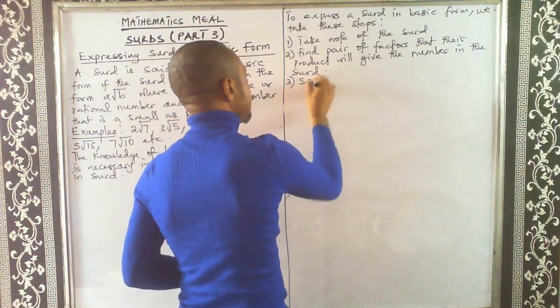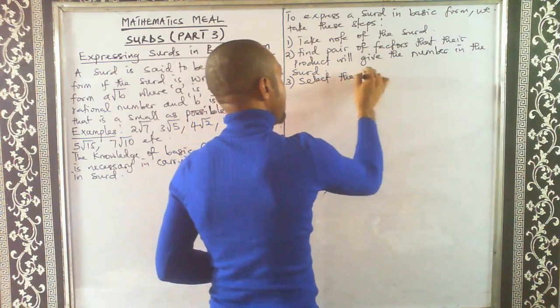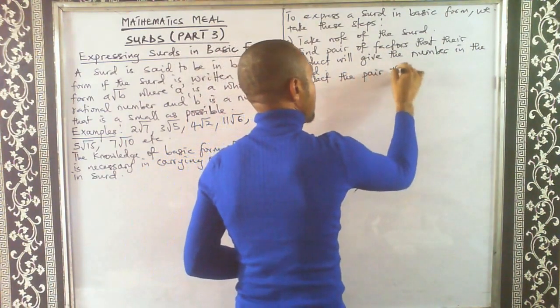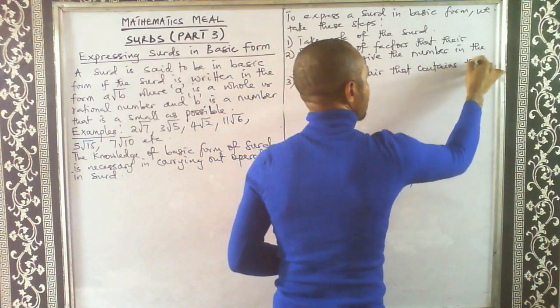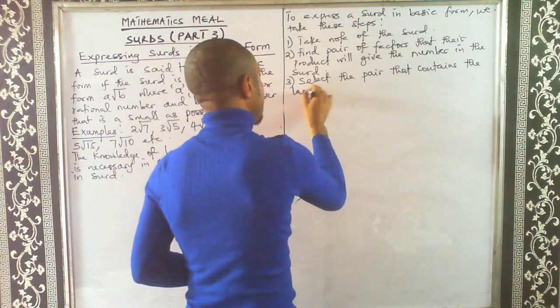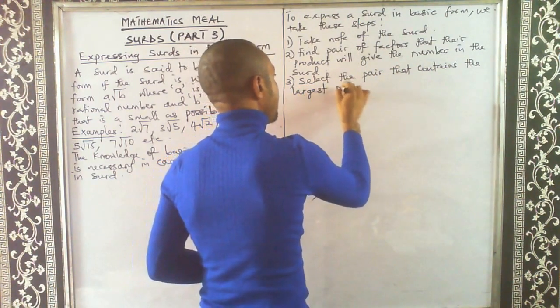Then 3, select the pair that contains the largest perfect square.